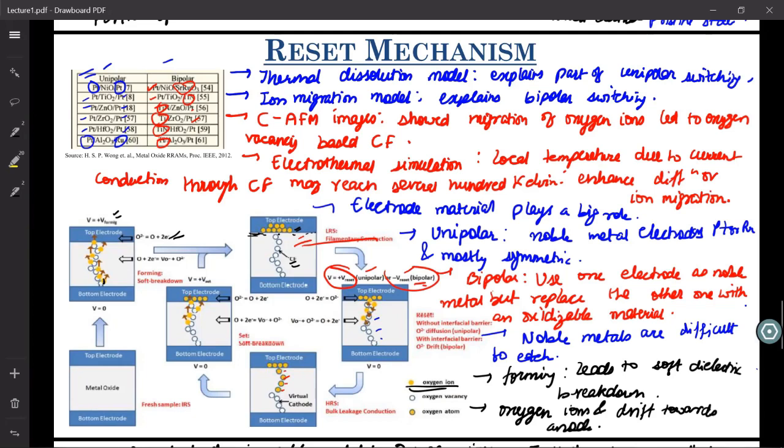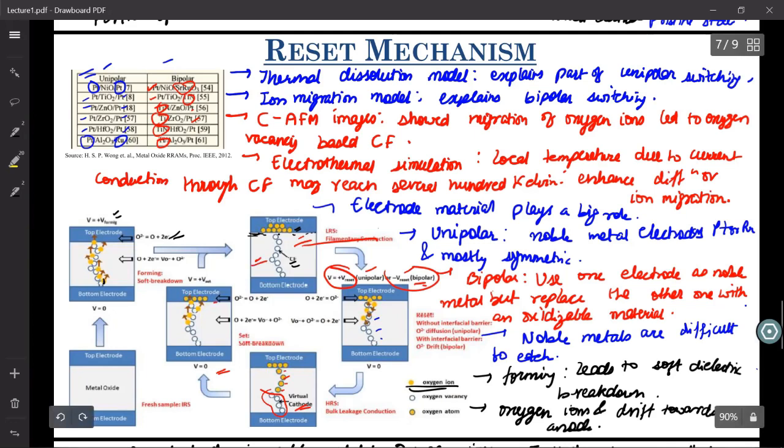However, there are some vacancies which have not been recombined. This is called the virtual cathode, which we discussed earlier. And then again, if you apply the set pulse, what will happen? Again, these oxygen atoms will be knocked off, they'll go towards your anode, and then again you will end up creating this conduction filament.